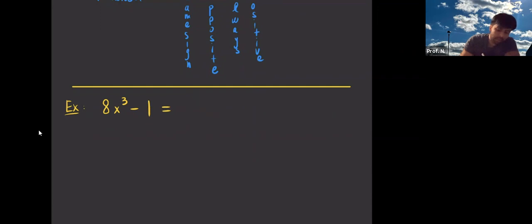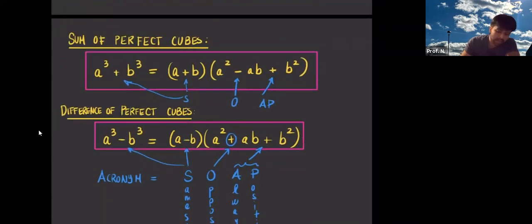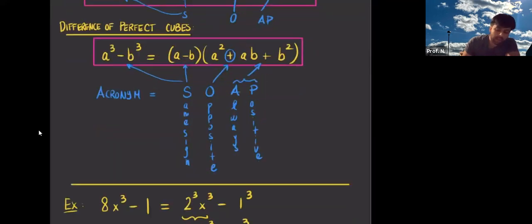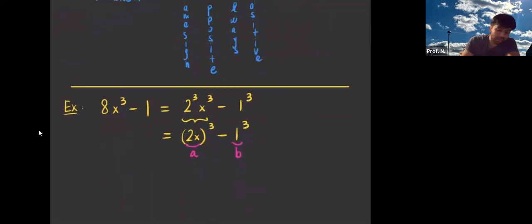Let me slow down a bit. This is 2 cubed x cubed minus 1 cubed, which can be rewritten as (2x) cubed minus 1 cubed. This can be considered my A, and this my B. This is A cubed minus B cubed, which is exactly what I have here. Now I'm going to use this form of factorization. So this is going to become what?